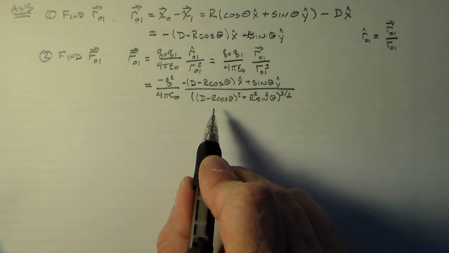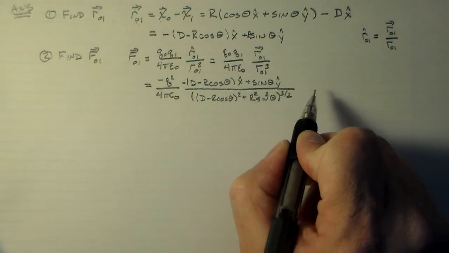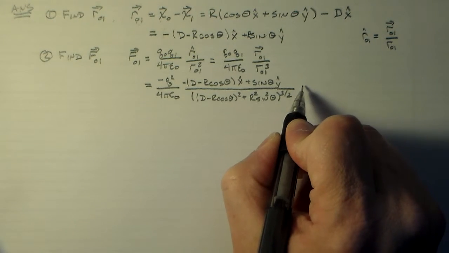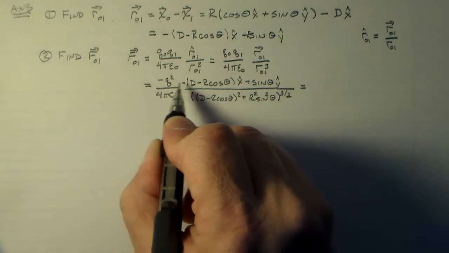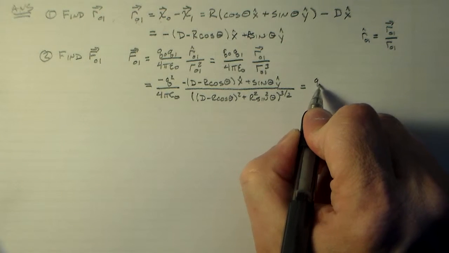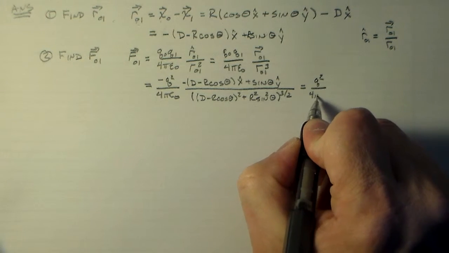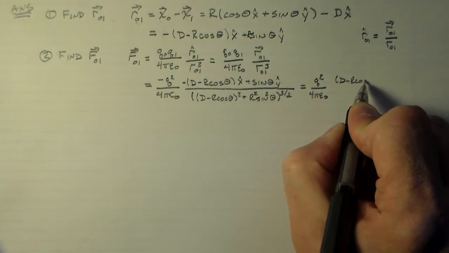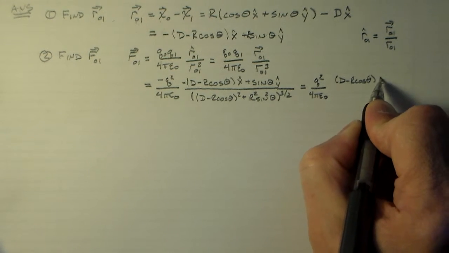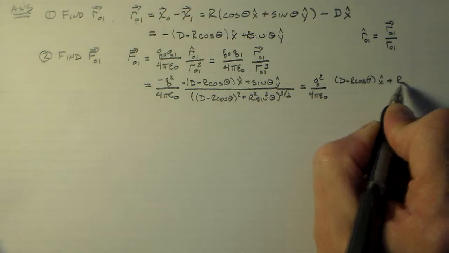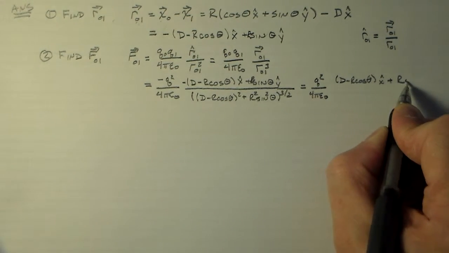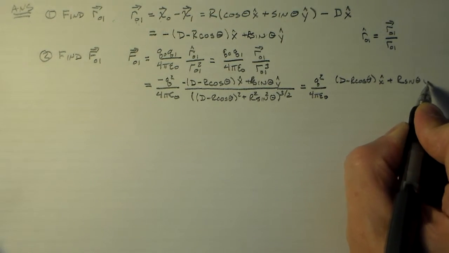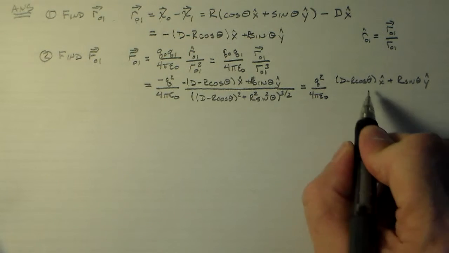Okay. So that's our force. We can make it a little bit nicer, not too much nicer, but a little bit nicer by canceling these negative signs. So q squared over 4 pi epsilon naught, d minus r cosine theta in the x hat direction plus r sine theta in the y hat direction, right?